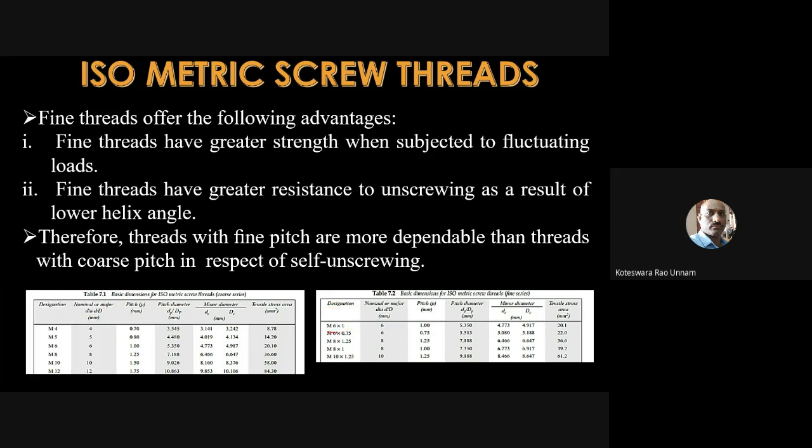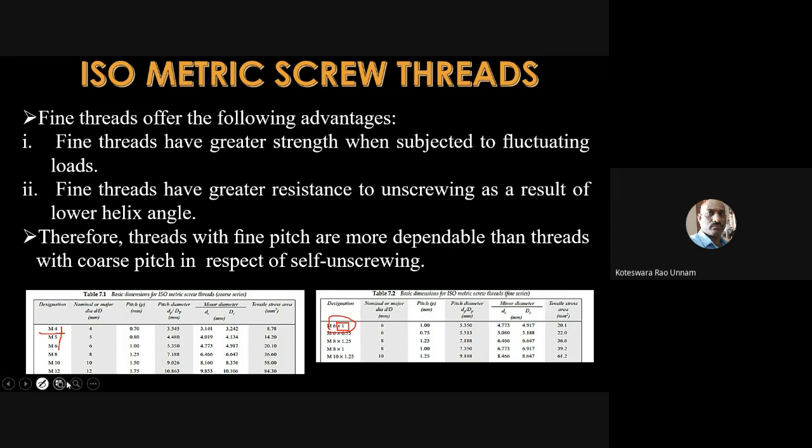If you have a designation like M6 by 1, it is a fine series. If you simply have only M6, and this part is not there, then we call it a coarse series. Only M4, M5, that means the letter M followed by the nominal diameter. If that is the only thing in the designation, we call it a coarse series.